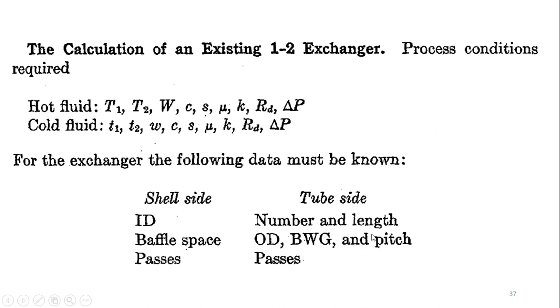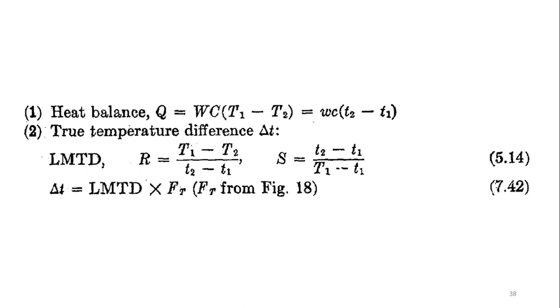This is the information you will need for the design of the shell and tube heat exchanger. The first step is the heat balance, and the second is the true temperature difference, where you use the two different ratios, the pressure and temperature ratios, and then determine the LMTD.